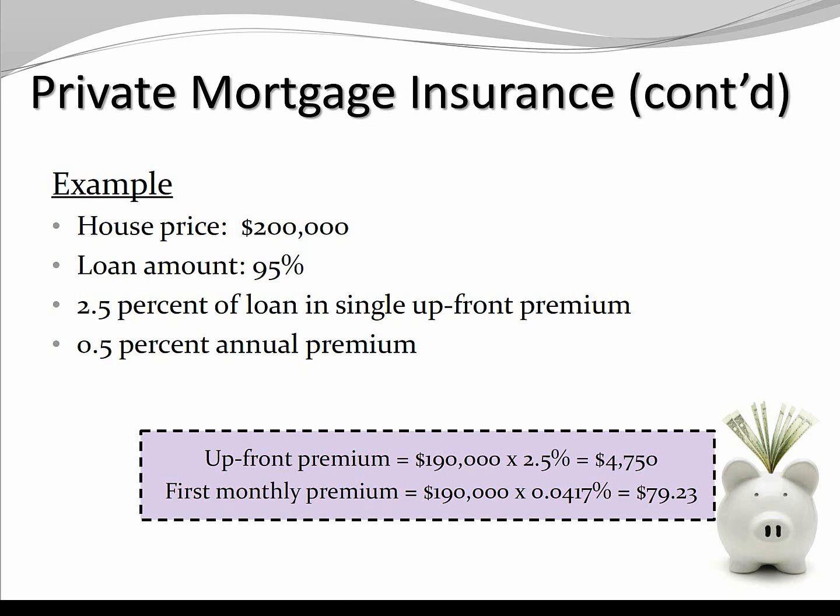Then the upfront premium for this insurance will be the loan amount, $190,000, which is 95% of $200,000, times 2.5%, which is $4,750. And the monthly premium equals the loan amount, $190,000, times 0.0417%, which is $79. This means the borrowers have to pay $4,750 upfront for this insurance and continuously pay about $79 every month.